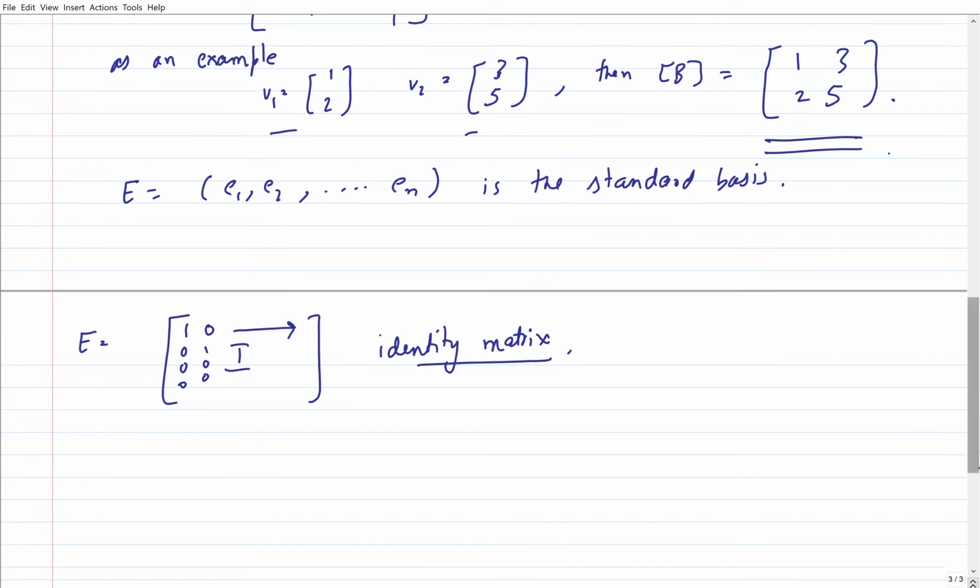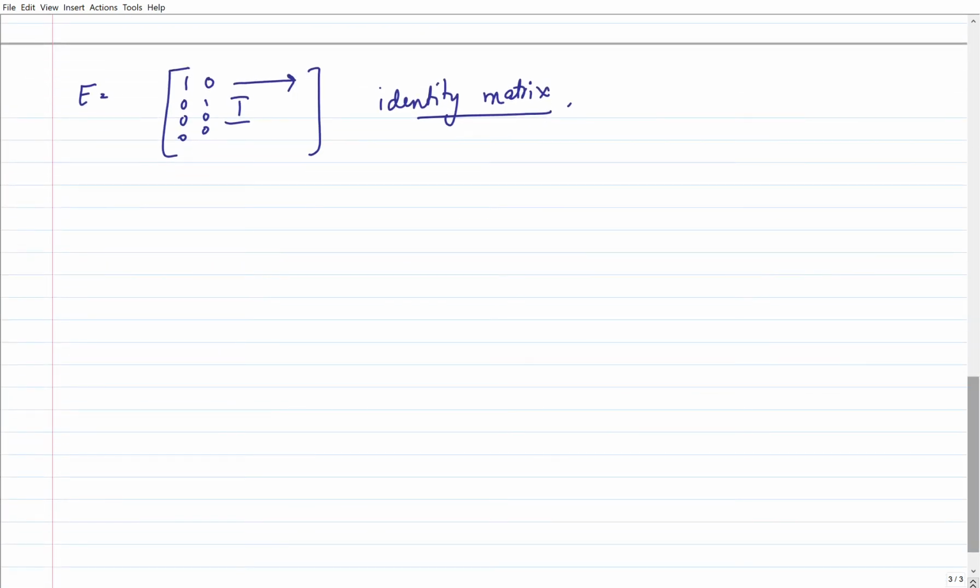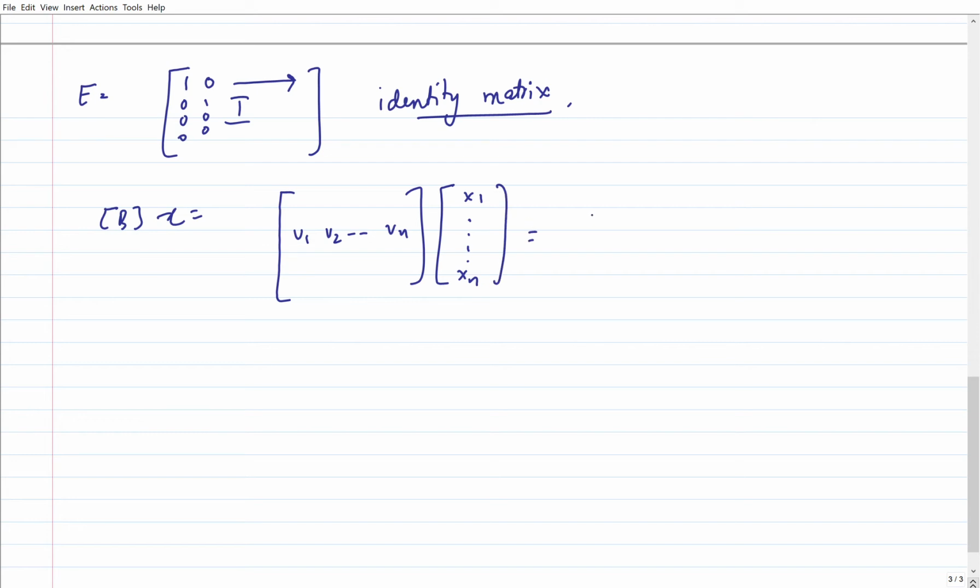So I can denote the vector as Bx, which is v1, v2, vn times the column vector x1, xn, and that gives me the vector. So this helps us find the coordinates of some vector.